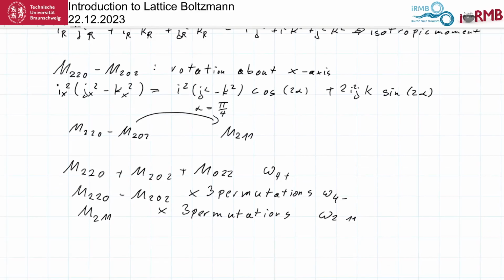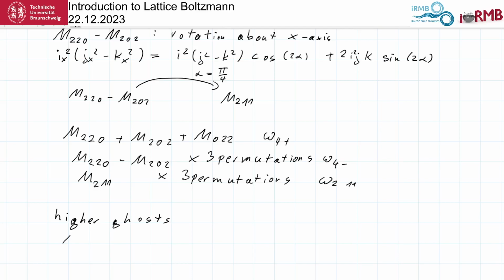In addition to this, we have what we could call the higher ghosts, so the ghosts of fifth and sixth order. They are relatively sparse, so there's only the one M221, that comes in three permutations. So there's only one rate here. And for the sixth order moment, there's only one, so there can only be one relaxation rate.